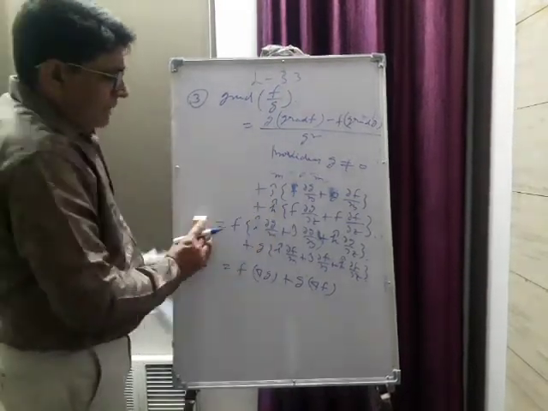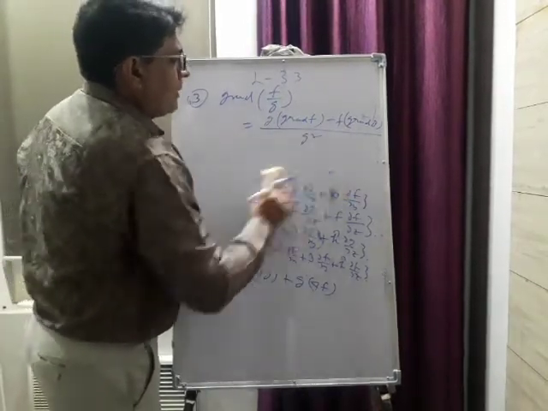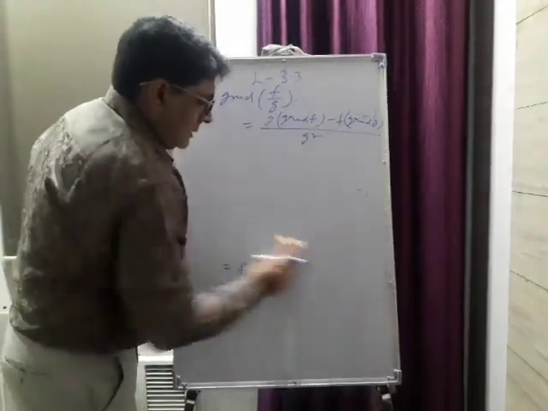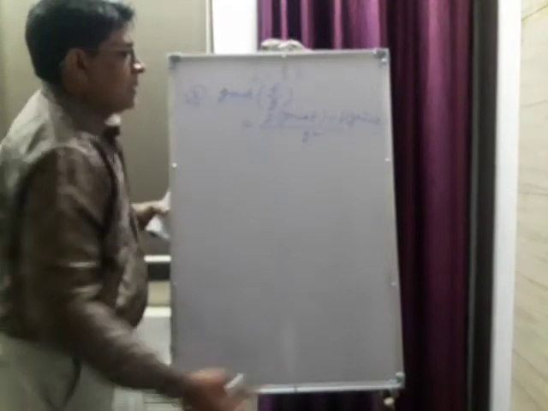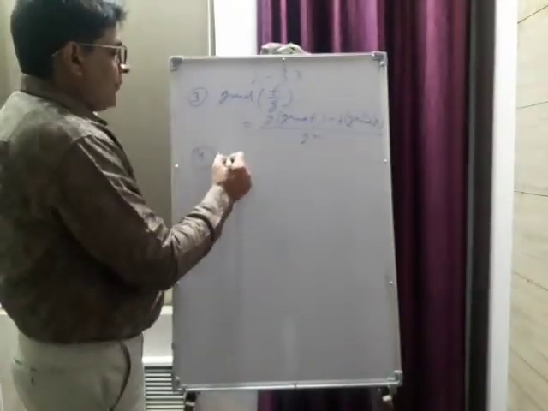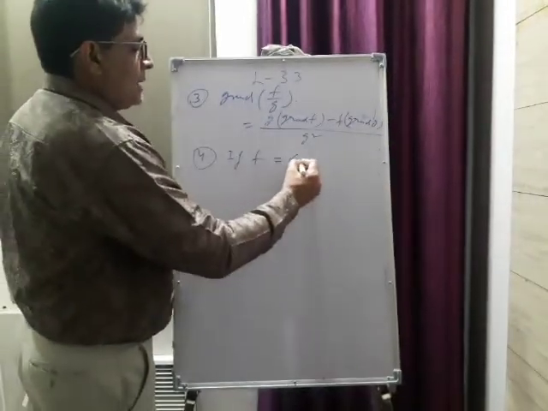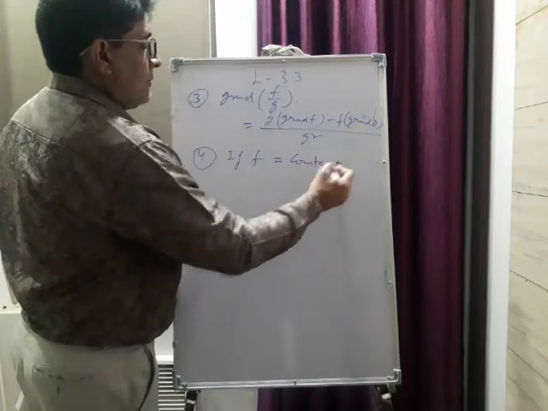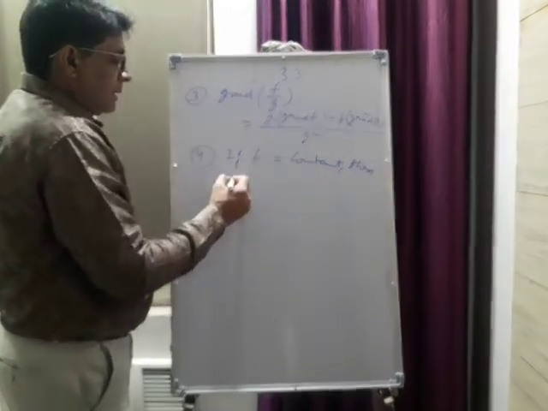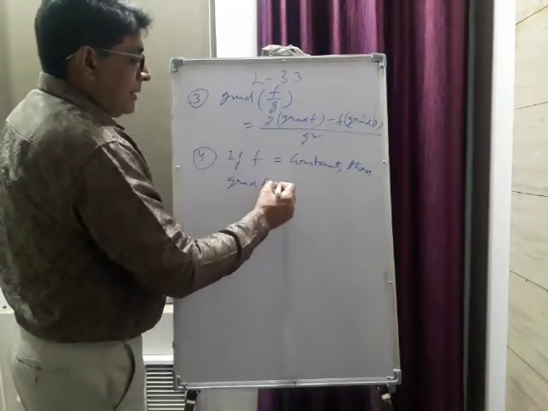Similarly, in the previous property we also proved this property. Now fourth, if the scalar function is a constant, then gradient f equal to 0.